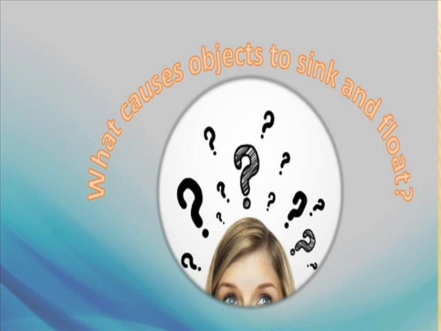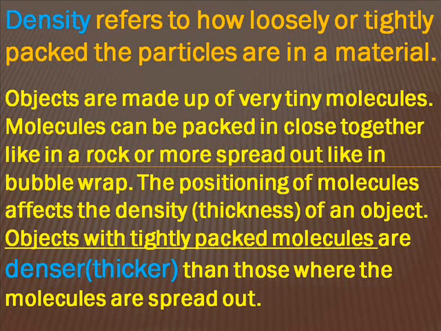Have you ever wondered what causes objects to float and sink? By definition, density refers to how loosely or tightly packed the particles are in the materials. Objects are made up of very tiny molecules.